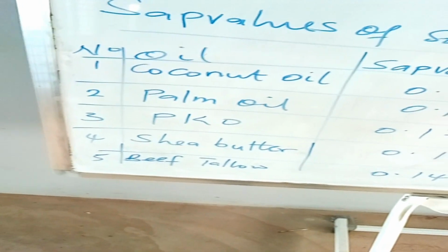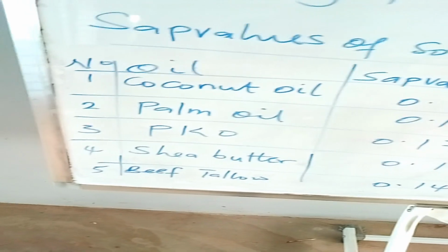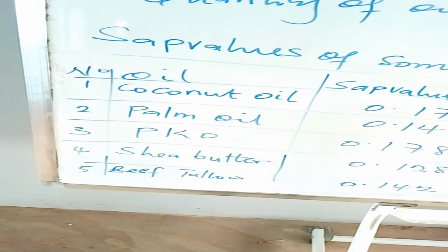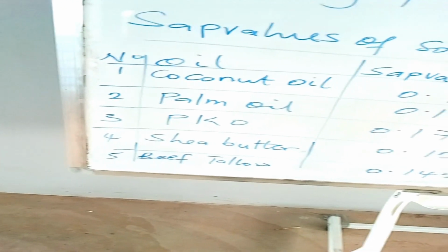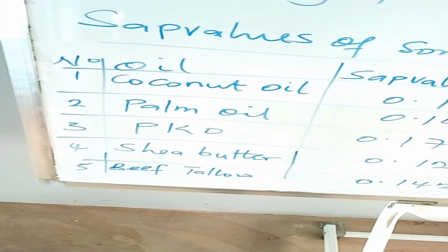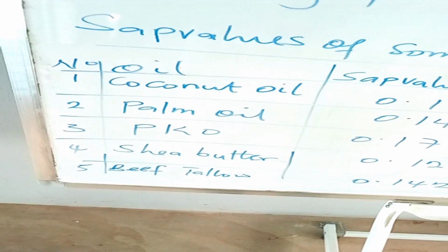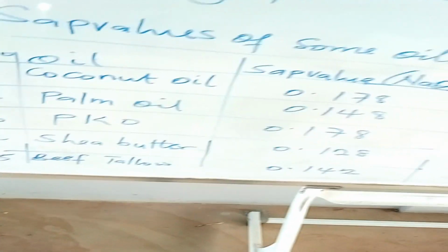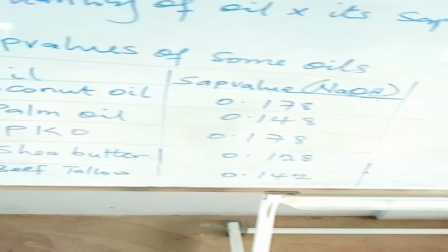So we have here the saponification value, which in fact is the amount of caustic soda required to saponify, or to turn, 1 gram of oil into soap. So the amount of lye, let me put it that way, but because we are using caustic soda, here we can say caustic soda.